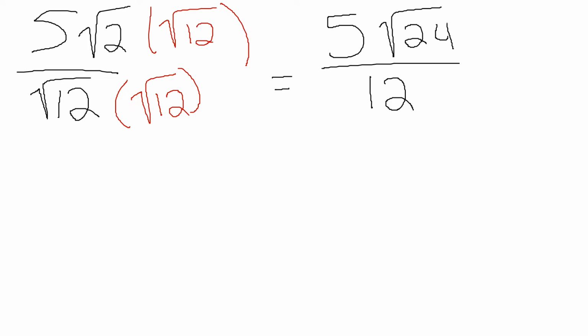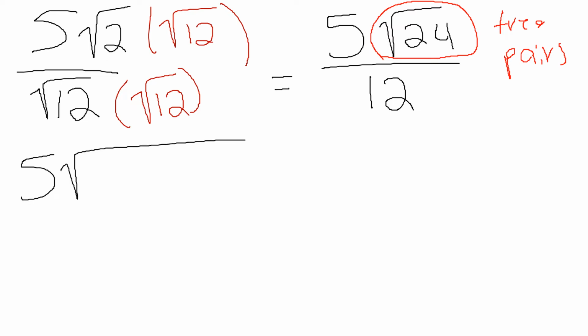Step 2, we've got to simplify this. There is not a solid square root of 24. So I'm going to tree it, and then I'm going to pull out any pairs that I've got. So 24 breaks down into 2, 2, 6, 2, 3, 2, 2, 2, 3.